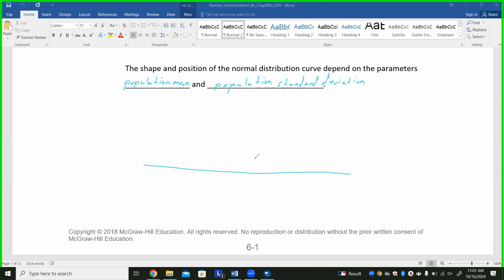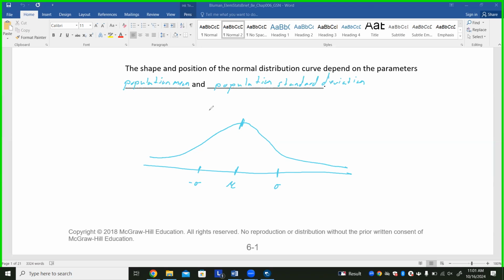If this is a normal bell curve, this center here represents your mean population. And then if I go about right here, this would represent one standard deviation away, and this is -1, but still one standard deviation away just on the left side.